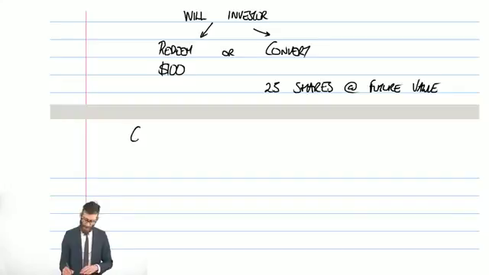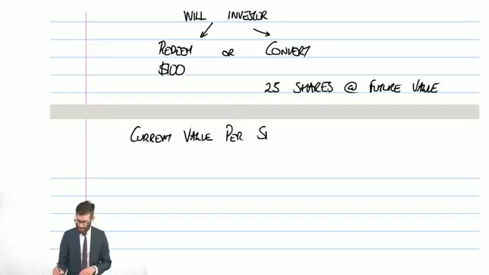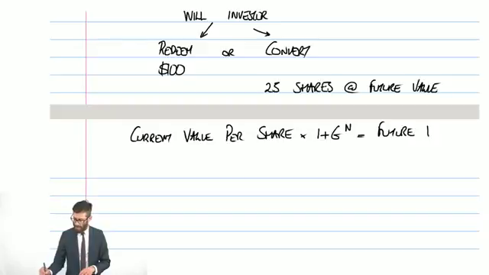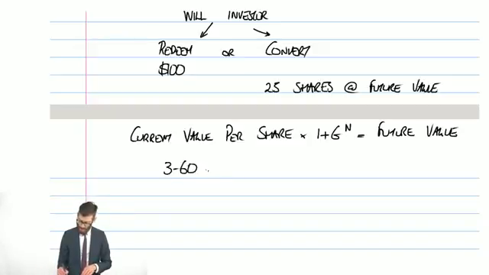The current value per share multiplied by 1 plus growth to the power of n equals the future value. The current value per share is 3.60, growth is 5%, and this is for 5 years.